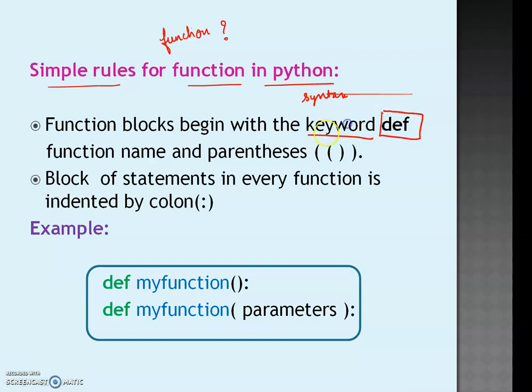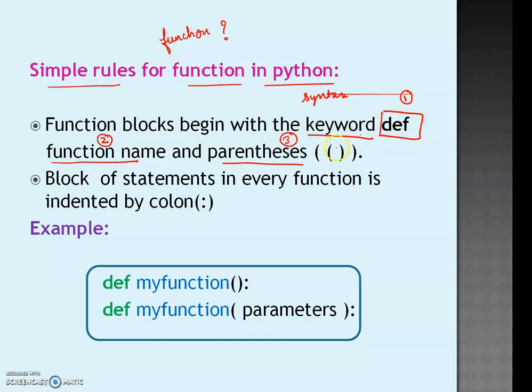Keep in mind the keyword used for defining a function is def, and this is followed by the function name and the parentheses. Be very clear, the first one is def keyword followed by function name. This name can be your wish, and then followed by the parentheses.